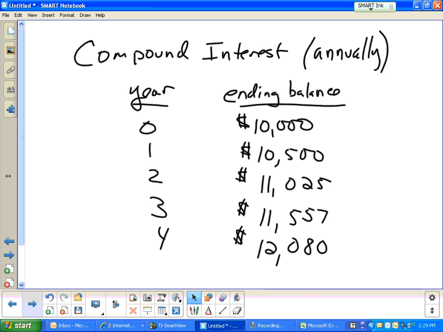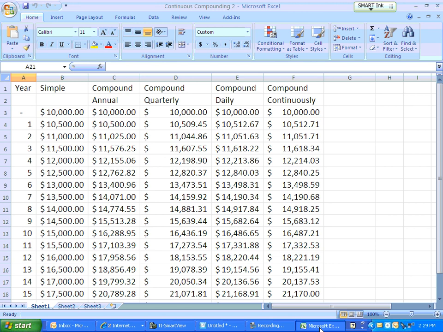So here's what it looks like if you compound more often. I've got some charts here for you. I just did an Excel spreadsheet, and simple interest goes up $500 a year. At the end of 4 years, you're at 12,000, 12,500, and if you just go down this column, you can see it just goes up 500 every year.